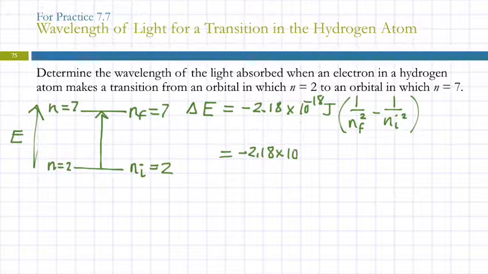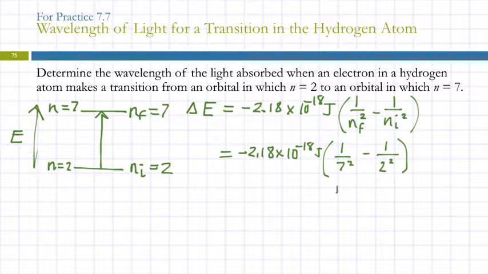One of the hardest things about this is communicating correctly with your calculator. So this is going to be 1 over 7 squared minus 1 over 2 squared. And it's probably easiest to say, okay, well, I know that's 1 over 49 minus 1 over 4.